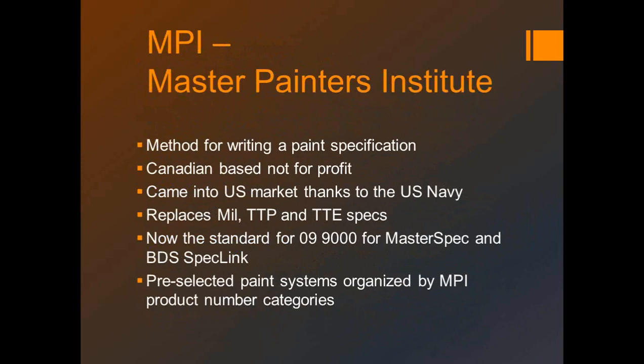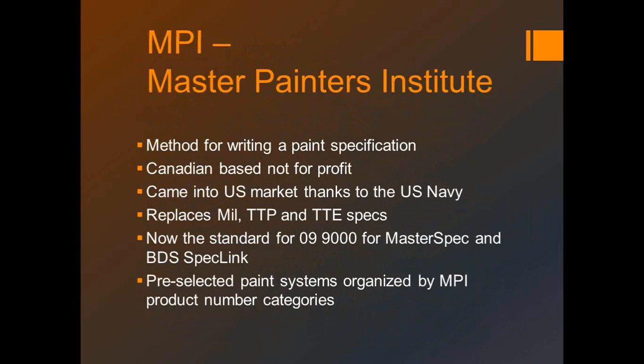Well, back several years ago, initially for government work, they worked around either mil specs or TTP and TTE specs. Some of those things, especially mil specs, were actually paint formulas that you had to either make the paint to that formulation, or we used systems that were called in lieu of systems for TTP and TTE specs.